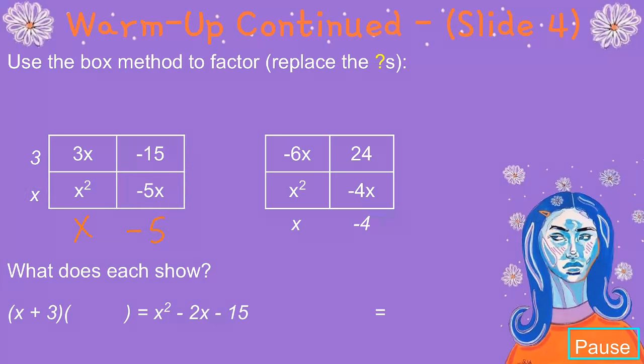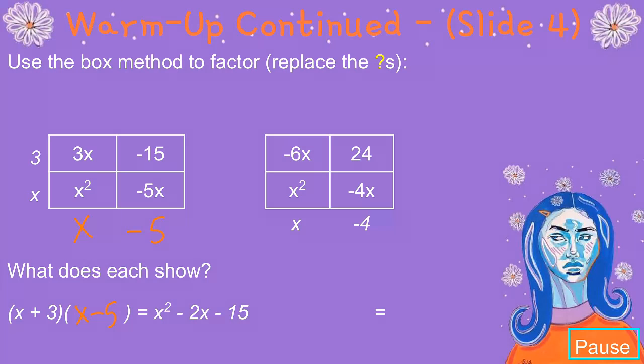And what we can notice is that 3 times x is 3x, and negative 5 times 3 is negative 15. So down below, the quantity x plus 3 times the quantity x minus 5 is equal to x squared minus 2x by combining these two, minus 15 right here.